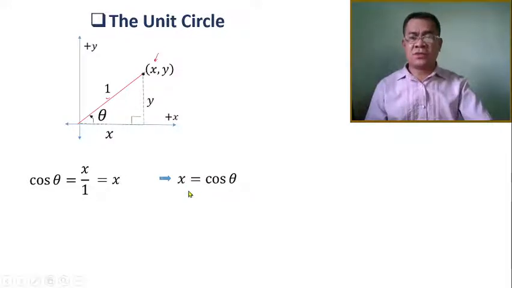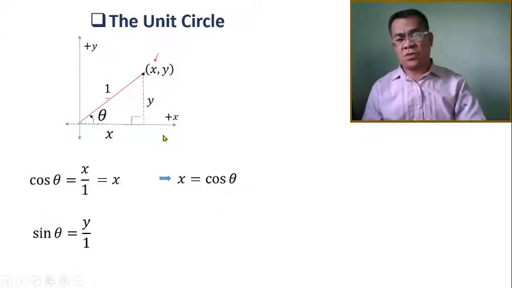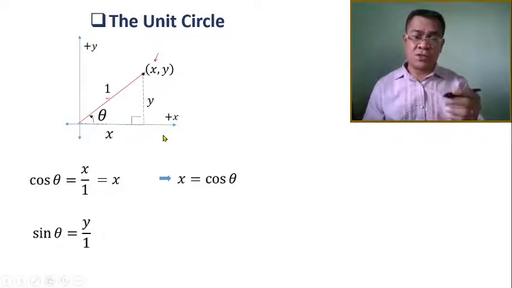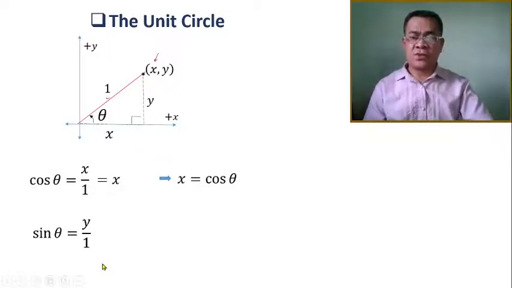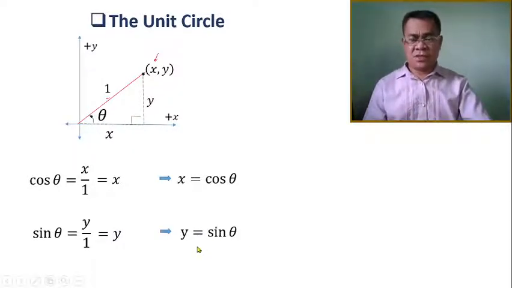So x, vice versa, is equivalent to the cosine of the angle. Now, if we take sine using this right triangle, it is y over 1, the opposite over the hypotenuse, which means that the sine of theta is equivalent to y. Hence, y is equivalent to the sine of theta.